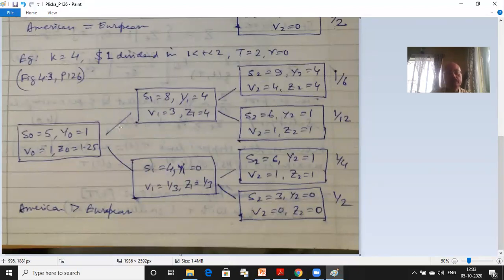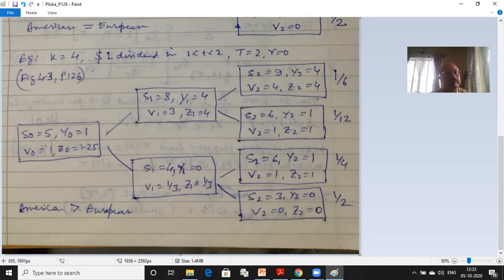So what is the scenario? The scenario is the following. Here, my stock prices evolve in the same way, starting from 5 and going up to 8 and 4, etc., 9, 6, 6, 3. The probabilities, the Q probabilities, are also same.